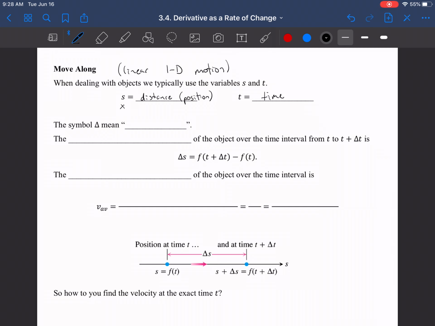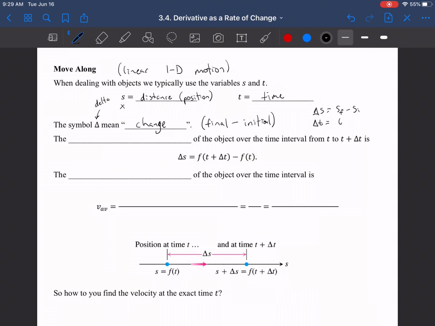The symbol delta, this is the Greek letter delta, means change. And typically it is final minus initial. Anytime you see something like delta S, it means S final minus S initial, so final position minus initial position.